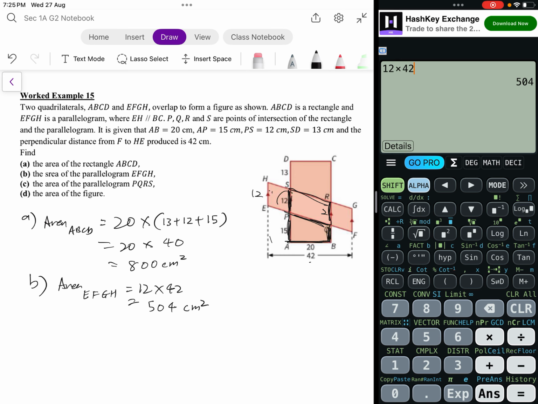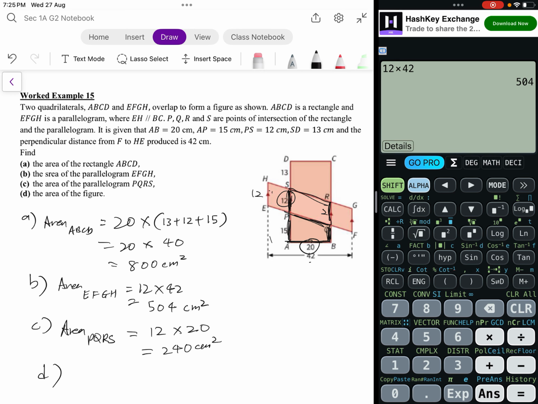So we know it's 12 times 20. Very easy. Area of PQRS, 12 times 20 cm square.